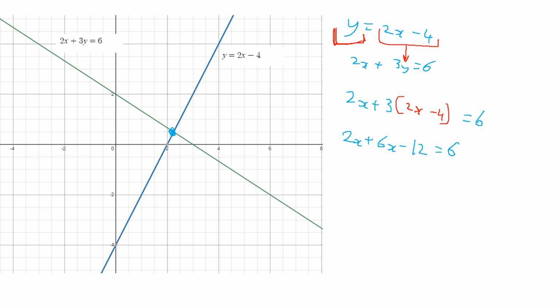Let's add the like terms. So 8x minus 12 is equal to 6. Let's add the 6 onto the other side. So 8x is equal to 18. And so x is equal to 18 over 8, which can be simplified to 9 over 4.